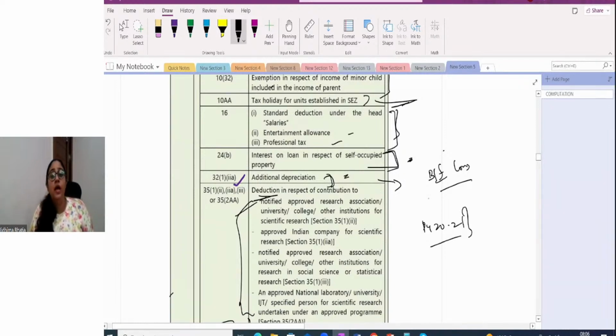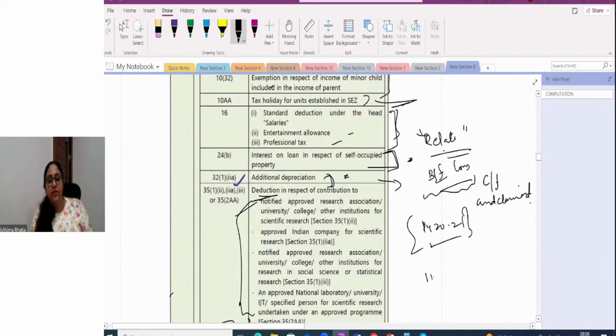So if you have any brought forward losses which relate to these exemptions and deductions, that would also not be allowed to be carried forward and claimed in the year when I'm opting for 115BAC.